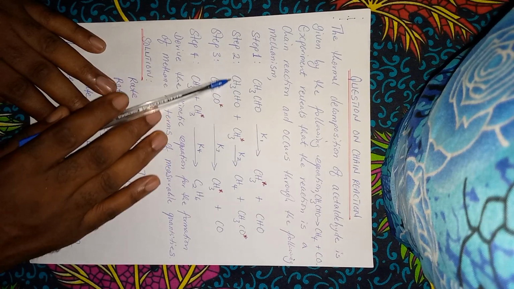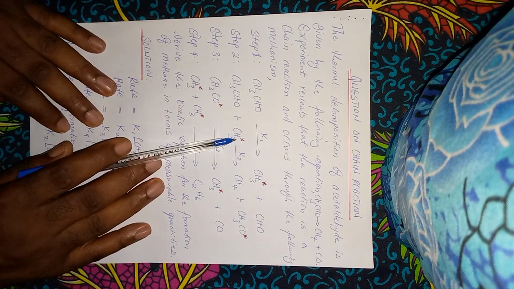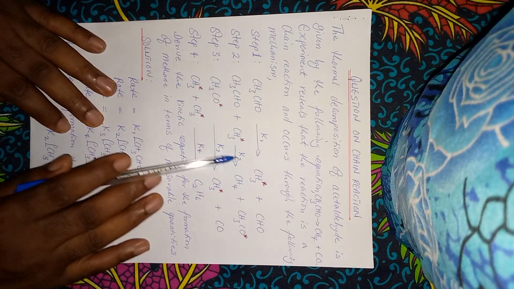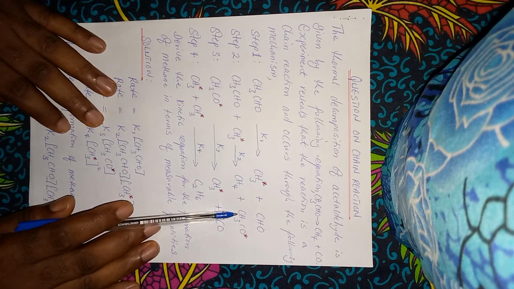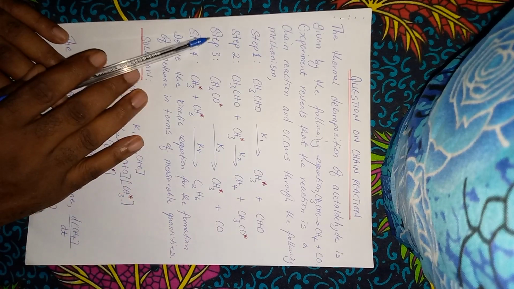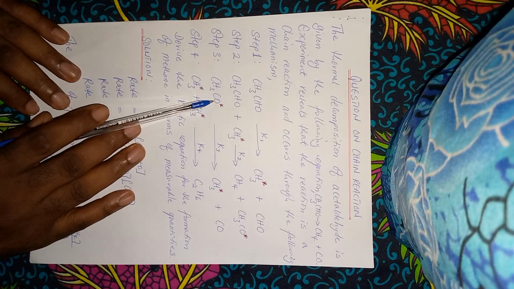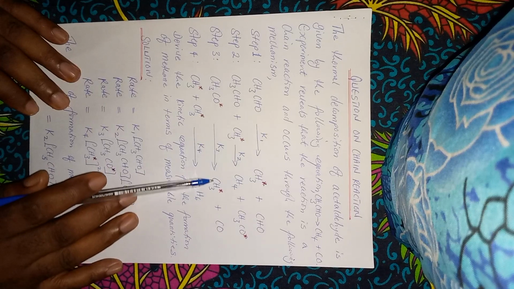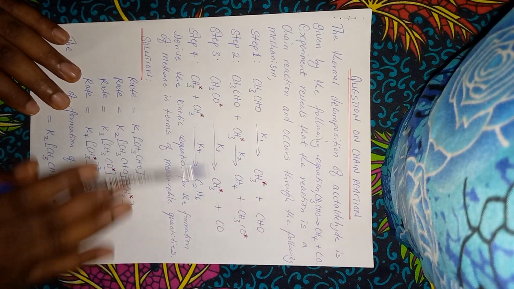Step 2: CH3CHO plus free radical CH3 with rate constant K2 to produce CH4 plus free radical CH3CO. Step 3: free radical CH3CO with rate constant K3 to produce free radical CH3 plus CO.